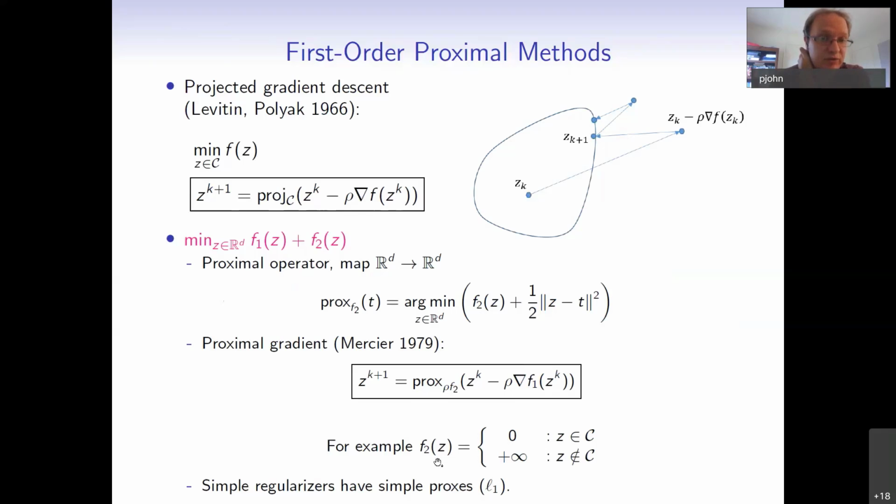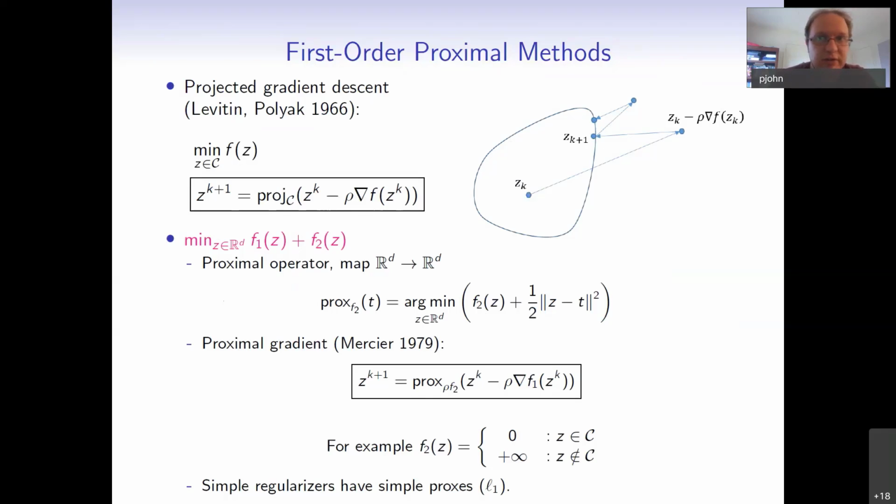It really generalizes projection. So that's nice. This is a very fundamental method. You may wonder, I have to solve this subproblem at each iteration, so that could be a problem. It could be complicated, but there are many cases where this has a closed form solution.